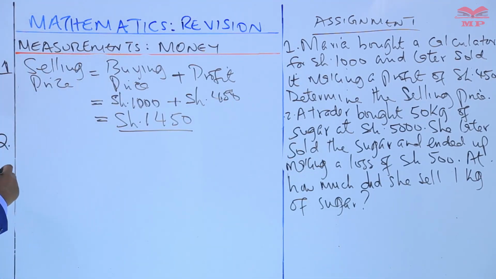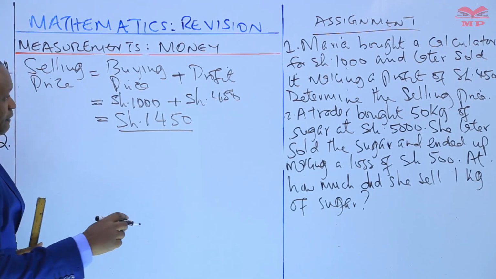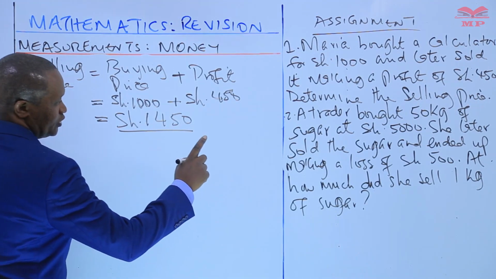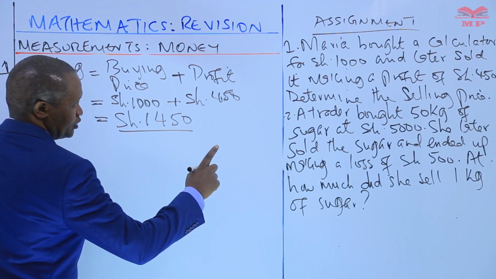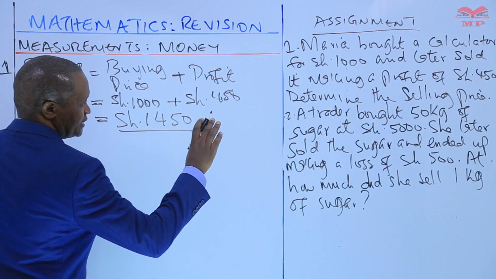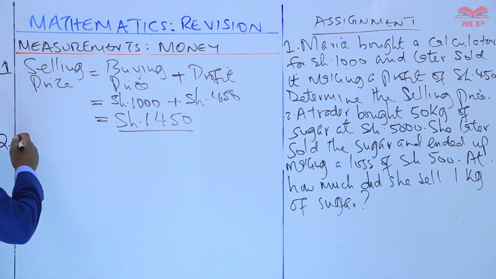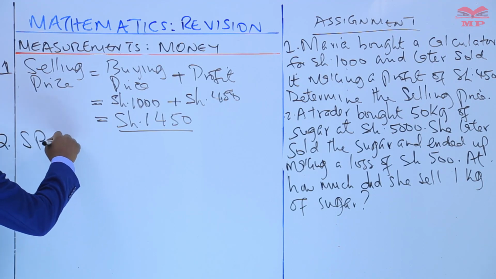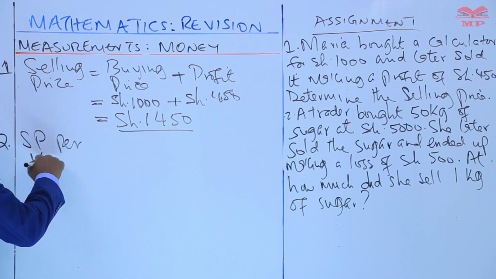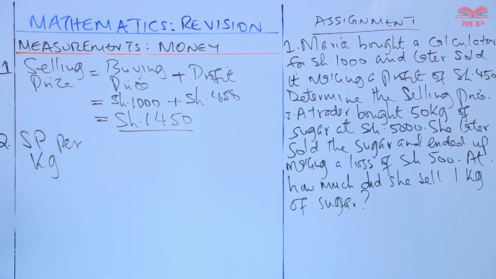So we first write down the formula. The question is requiring us to calculate the selling price per kilogram. So we come here and write selling price per kilogram. That is the question.